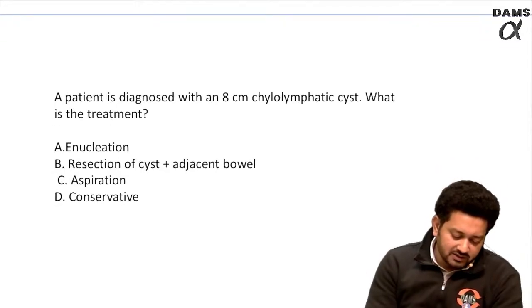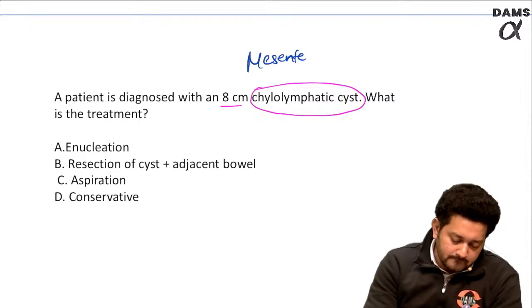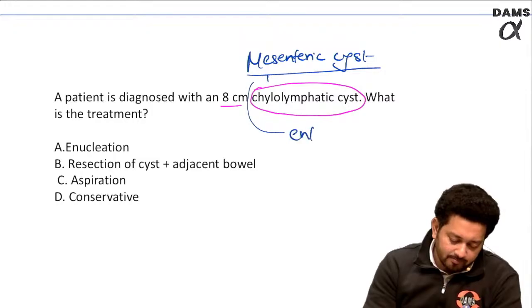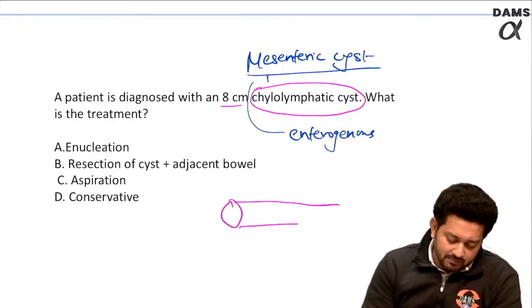Next question, the patient was diagnosed with an 8 cm chylolymphatic cyst. Chylolymphatic is a type of mesenteric cyst. There are two types, chylolymphatic and enterogenous. Now see, suppose this is the bowel and this is the mesentery.